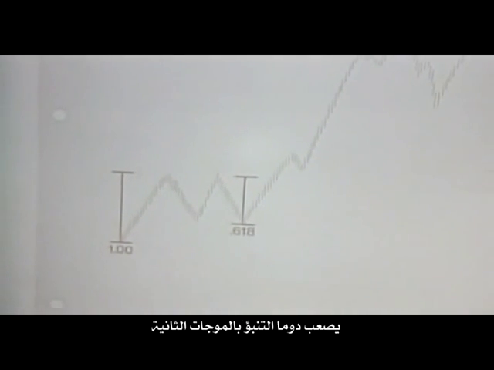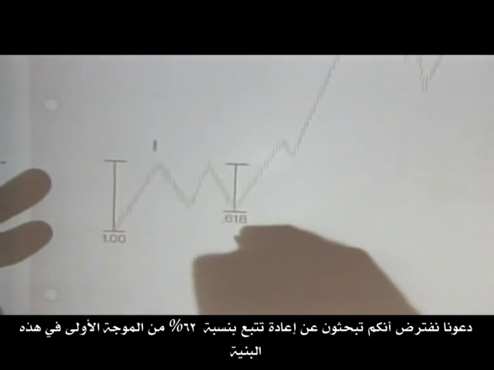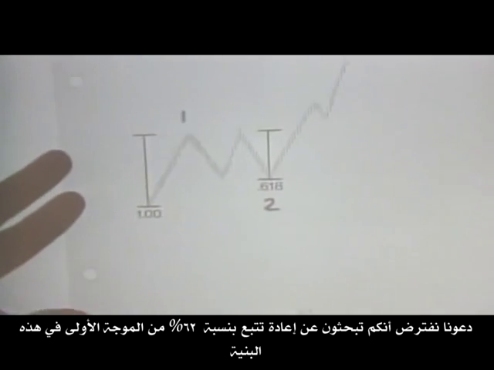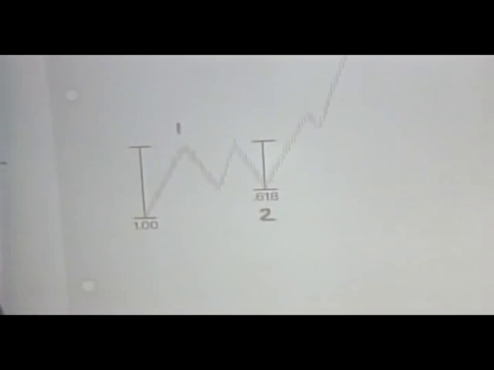Let's take a look at page 277. Wave 2s are always difficult to forecast. Let's suppose you were looking at what would be a 62% retracement of wave 1 in this structure.